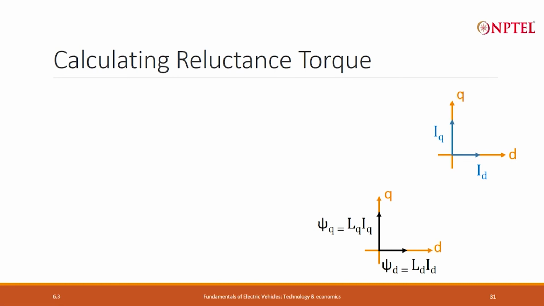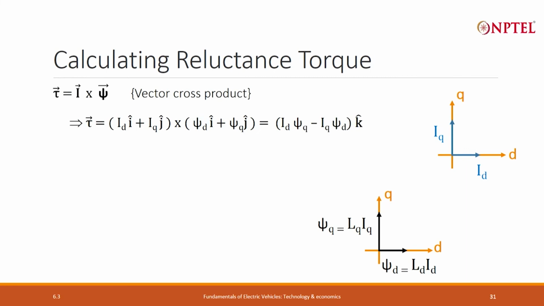From your knowledge of vectors, you know that the two cross products will actually have the angle in opposite directions. When I do xi cross I, xi q cross I d will be a direction opposed to xi d cross I q. So, the difference between the two torques is what will be the reluctance torque that I get.